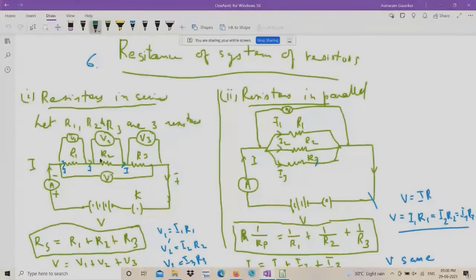So R1, R2 and R3 are three resistances connected in series. Series means like this. Suppose three people are standing and they hold one hand with another colleague, and the second hand with a third person, and like that they hold each other's hand, and so they are said to be in series.